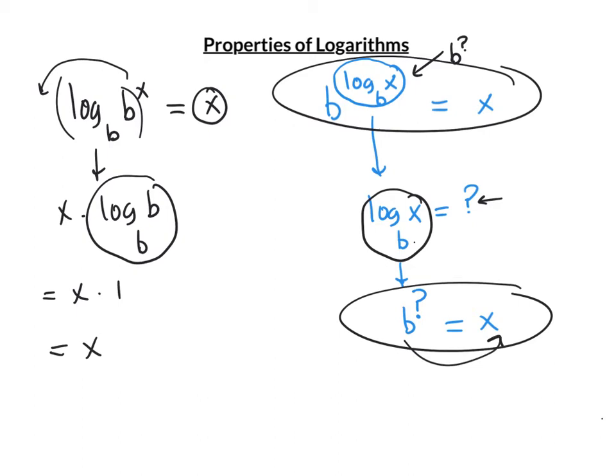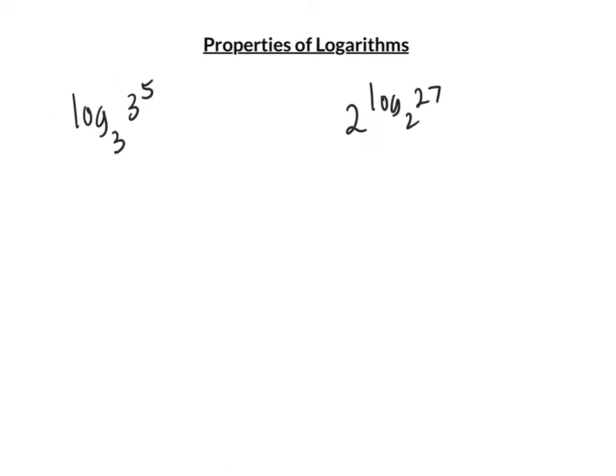Demonstrating this property is like a substitution. And if you can't wrap your head quite around that, just take a look at this. There'll be a couple of questions, and they're very easy to answer. They might look like this. So take a look at these two examples.